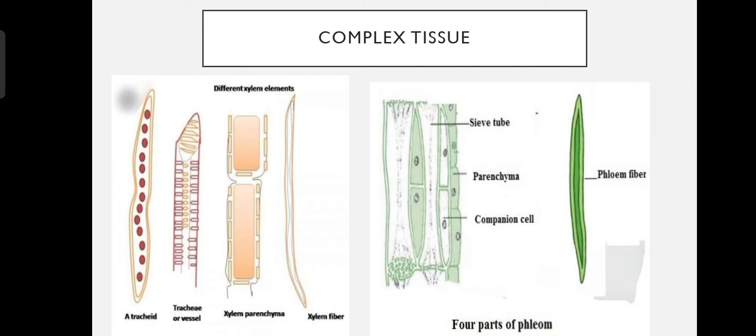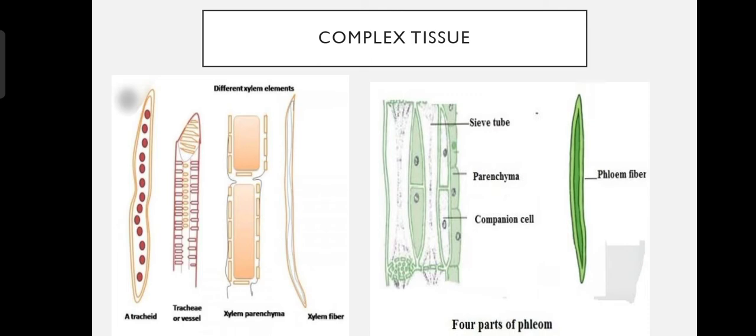In phloem tissue, 3 cells are living and 1 is dead. Sieve tube, companion cell and phloem parenchyma, they all are living cells and phloem fiber is dead.